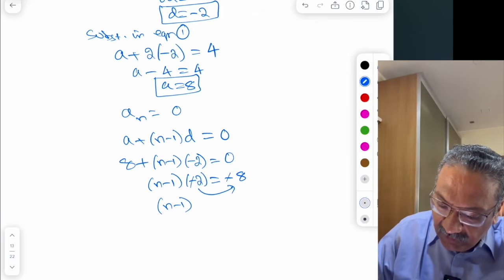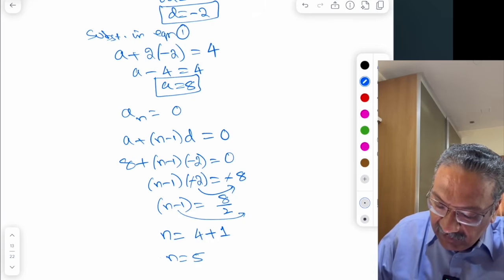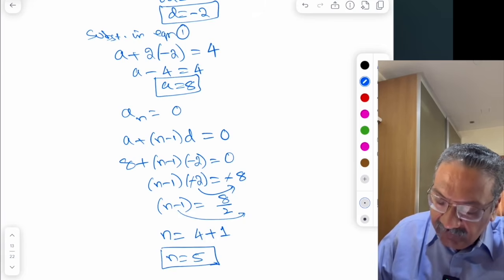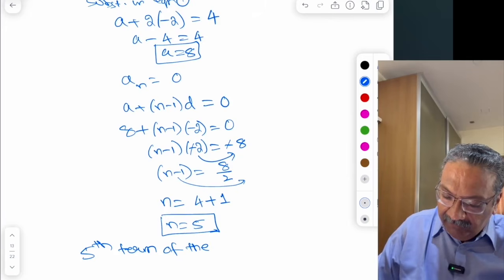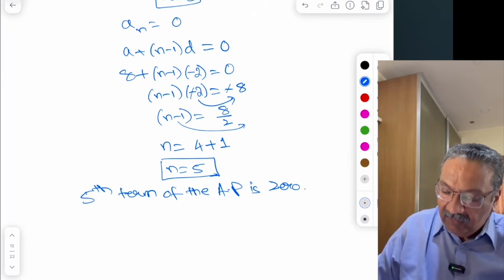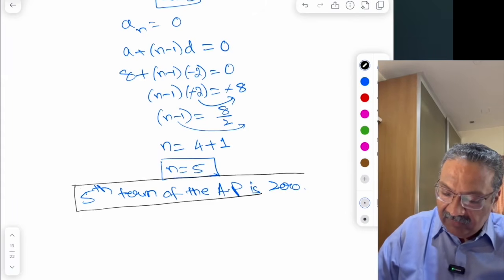So n minus 1 is equal to 8 by 2. n is equal to 8 by 2 is 4. Minus 1 becomes plus 1. 4 plus 1. So n is equal to 5. So the fifth term of the AP is 0. This last sentence you have to write in the exam, otherwise you will not get the marks.